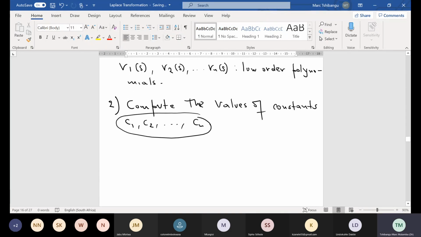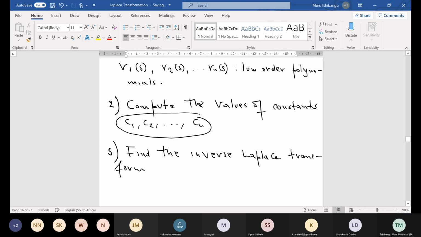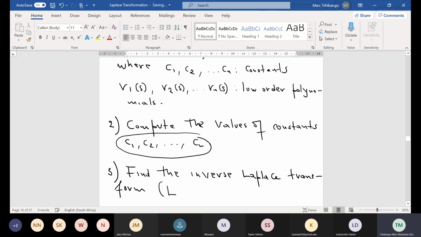Step 3 now: find the inverse Laplace transform, which is denoted by L to the power of -1, of every partial fraction.